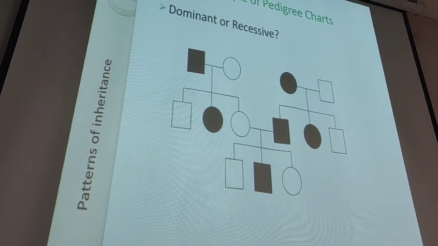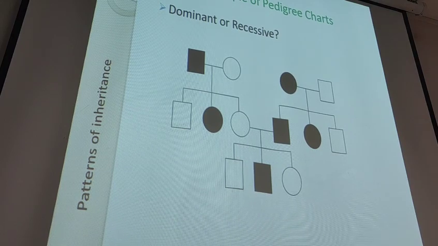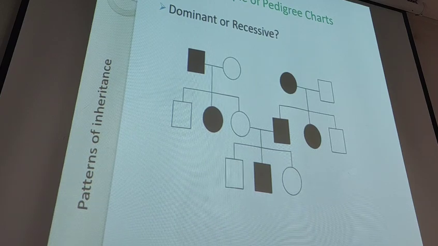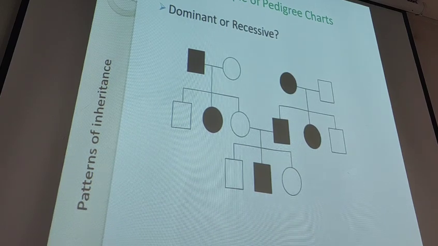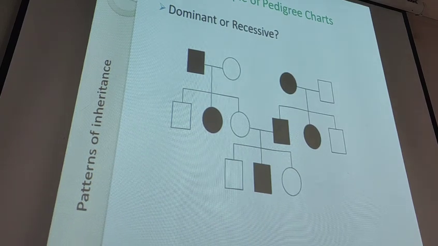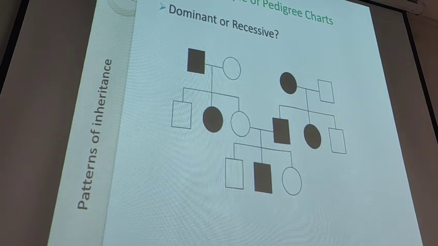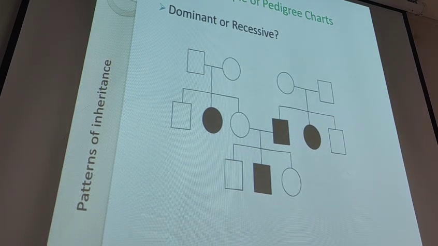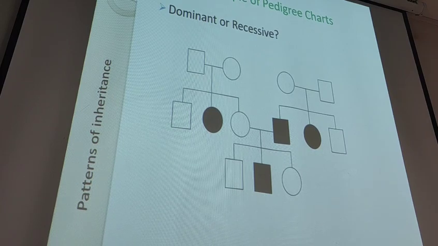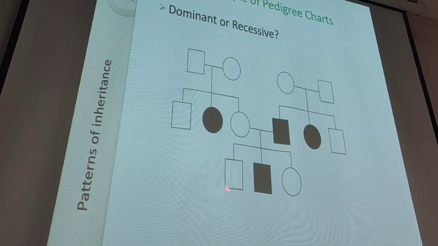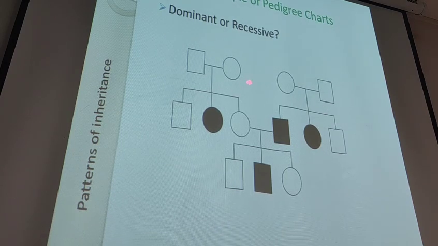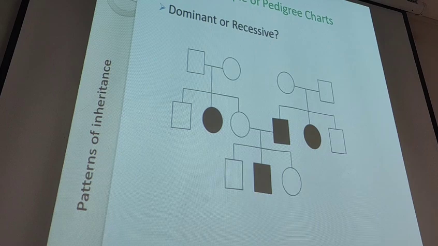What about this pedigree? Is this autosomal dominant or recessive? Dominant, because each affected individual has one affected parent. What about this one? Recessive. Autosomal recessive, because both sexes are affected and some affected individuals have normal parents.